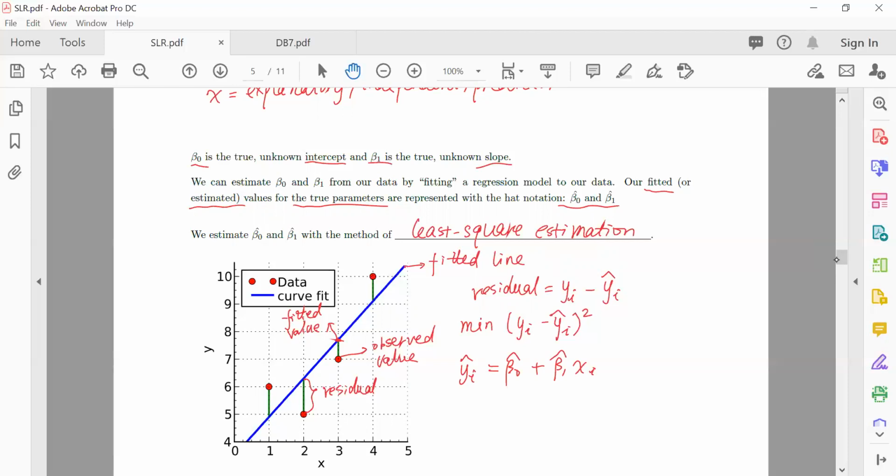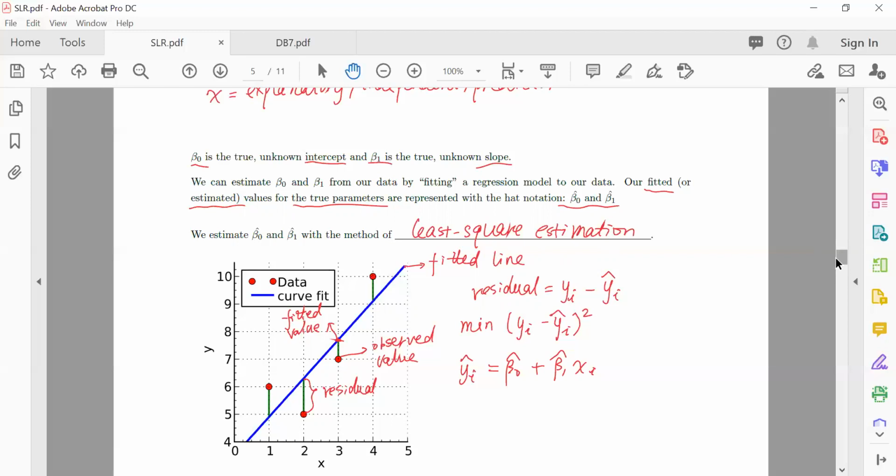Beta 0 hat and beta 1 hat are the fitted parameters, the estimates that we got from our data, and when we plug those beta 0 hat and beta 1 hat into that model, we will have this y hat.